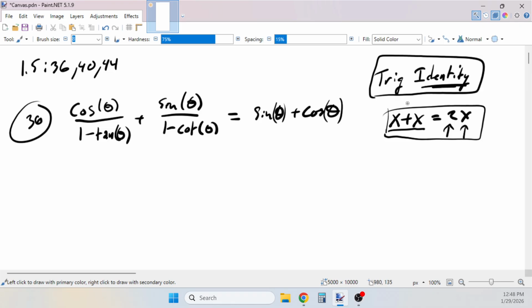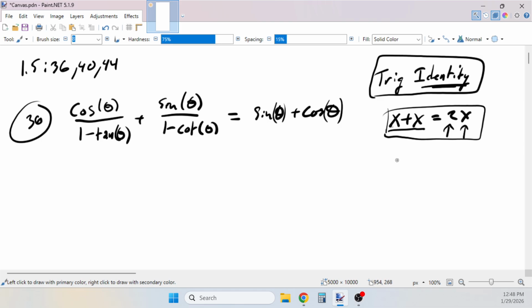And there are lots of trig identities. These arise from properties of the triangles that the trig functions are defined by. And just like x plus x is 2x, they are always true. When we're verifying these identities, we typically are pulling them back to identities that we proved earlier.